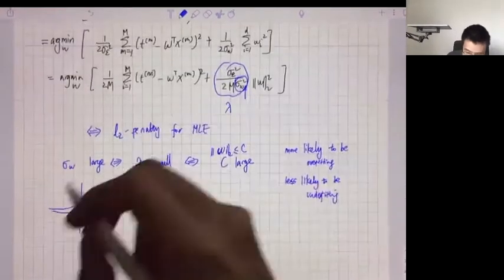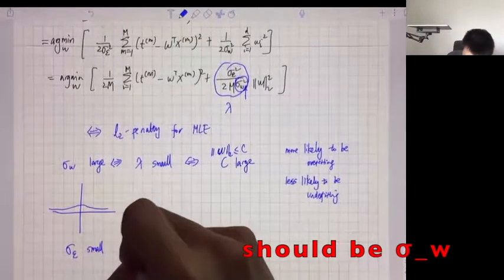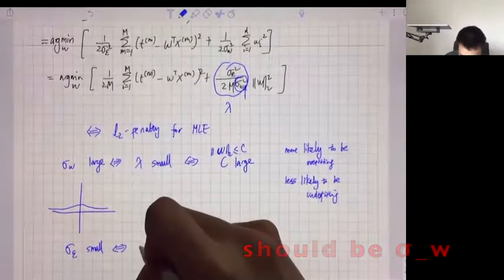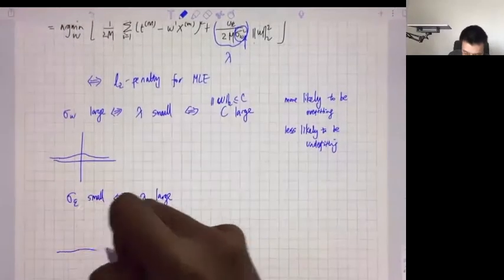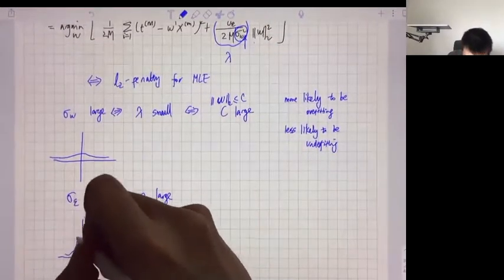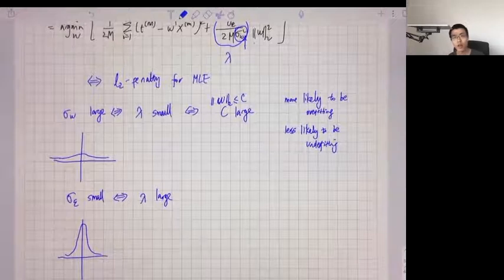On the other hand, if sigma epsilon is small, we have the lambda is large, because in this case, your prior is very strict, okay? So this is your prior. It says, I know epsilon must be around 0 with a very large probability.